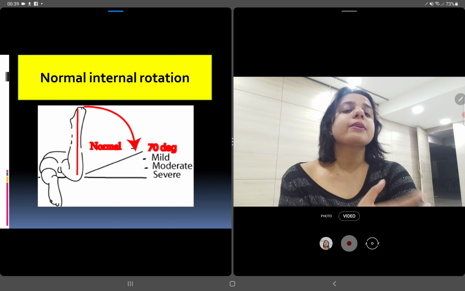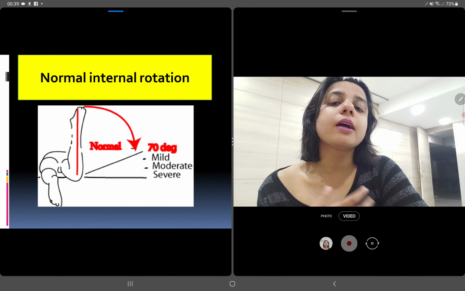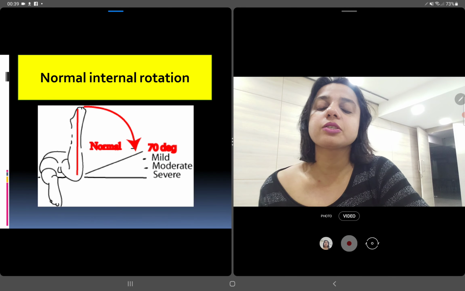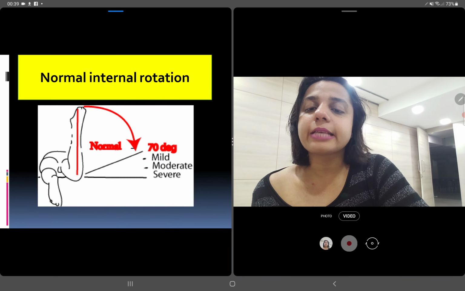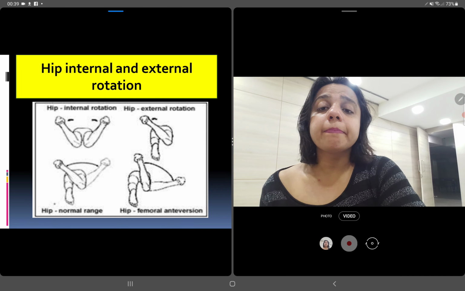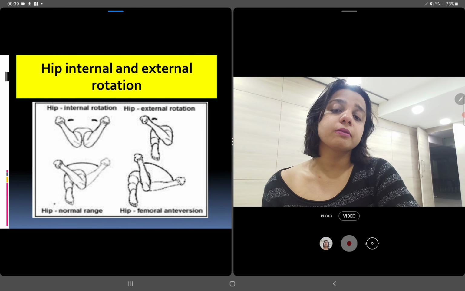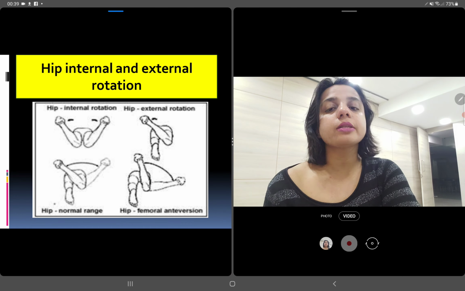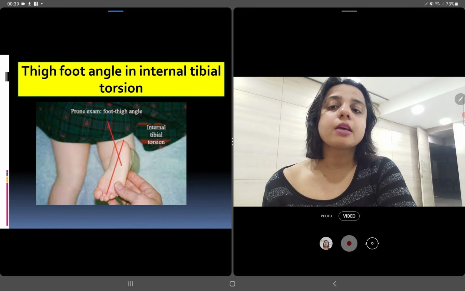Normal internal rotation and external rotation at the hip are 60-60. You can learn it as 60-60. Normal internal rotation is 60 and normal external rotation is 60. I have said earlier that internal rotation increases in anteversion and external rotation decreases.